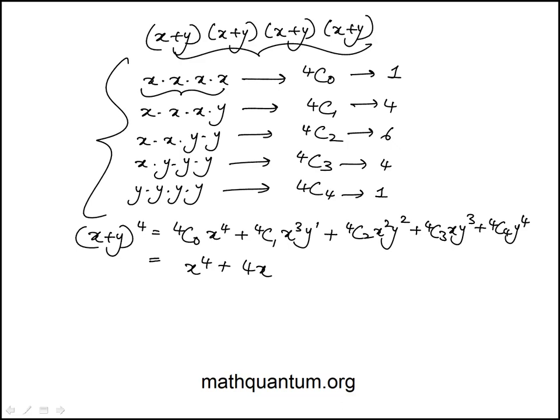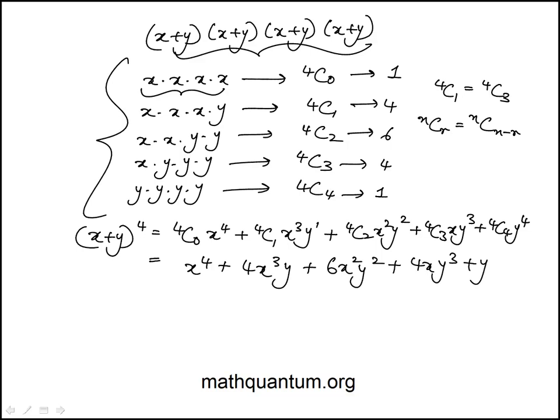And I do want to comment here that 4C1 is equal to 4C3, because in general, I won't go over why that is, but in general, nCr is equal to nC(n minus r). I do that in a separate video. So here, if I were to write the numbers instead of these generalized combination expressions, we'll get what I started with in the first slide.